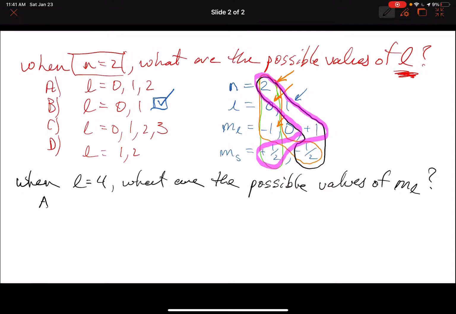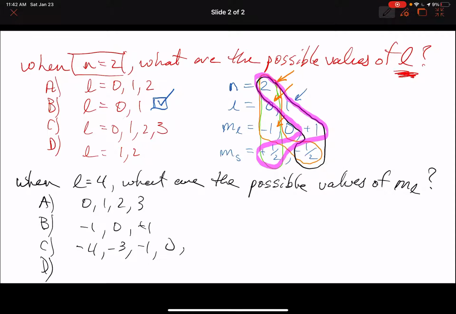And maybe some multiple choice options would be A, B, C, and D. And so we could have 0, 1, 2, 3 as an answer to consider, -1, 0, +1 as another, -3, -1, 0, 1, 2, and 3, and even 4 to finish off that option for answer C. And answer D, -3, -2, -1, 0, 1, 2, and 3.